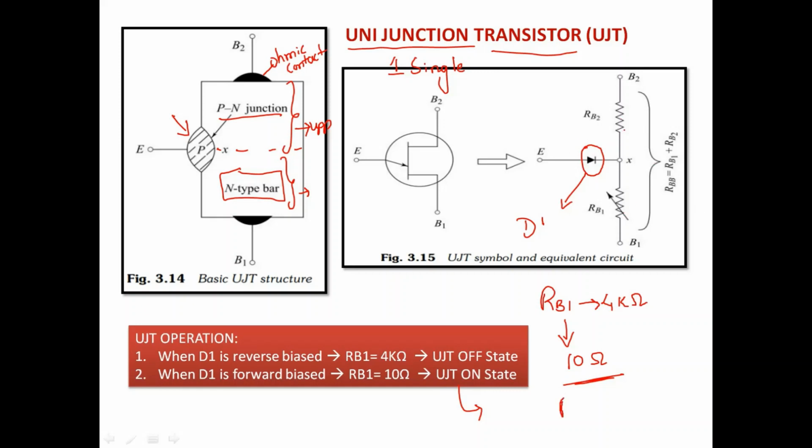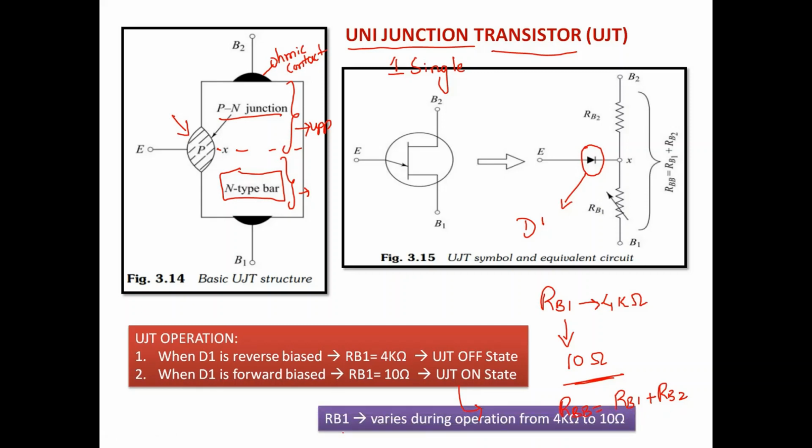There is RBB, which at the off state is the sum of RB1 and RB2, likely to be 4 kilo ohm to 10 kilo ohm. Further, as you know, RB1 varies during the operation from 4 kilo ohm to 10 ohms.